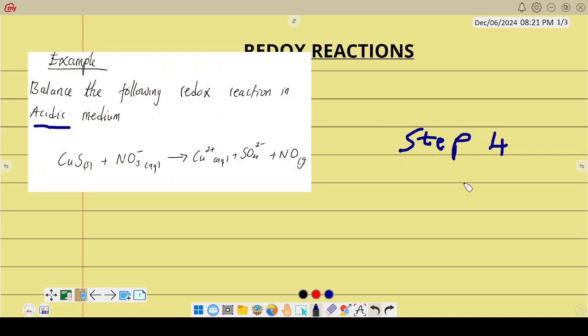On step 4, when balancing hydrogen, for acidic we balance using hydrogen ions, but for basic we said we balance using water and hydroxide ions.